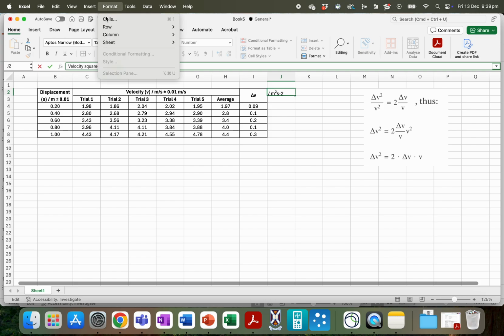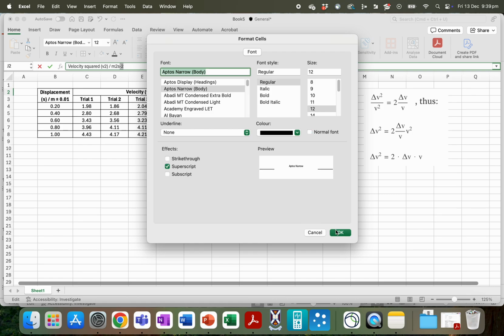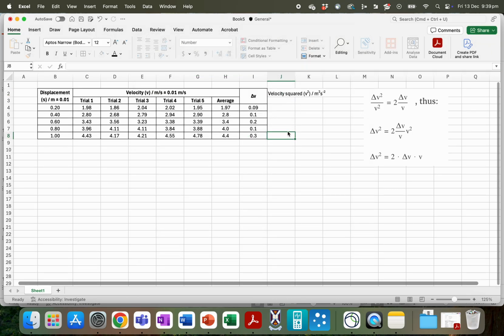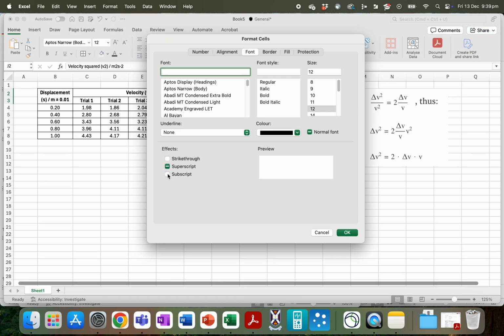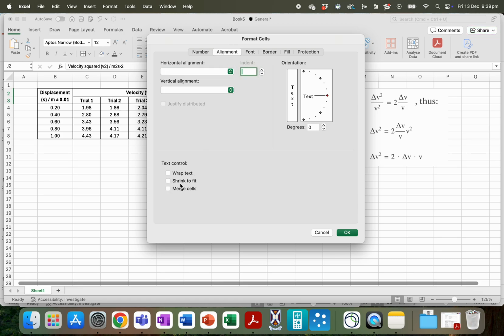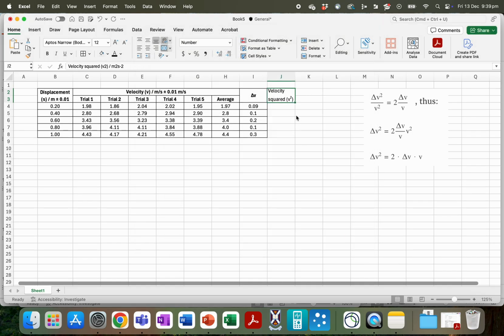Highlight the cells, format cells, superscript. Okay, there we go. All right, so let's merge those two cells together. Alignment, merge cells, and also wrap the text. Looking good. Now let's center everything.